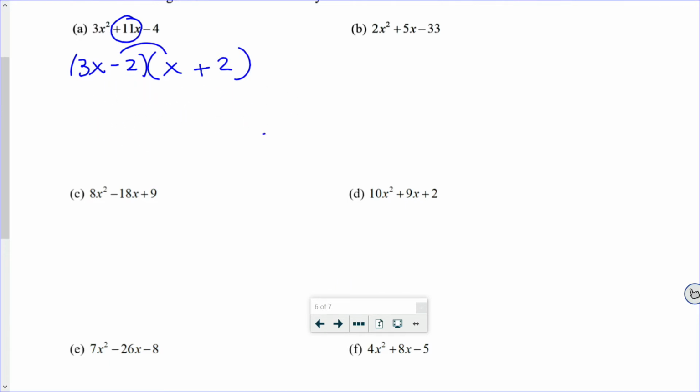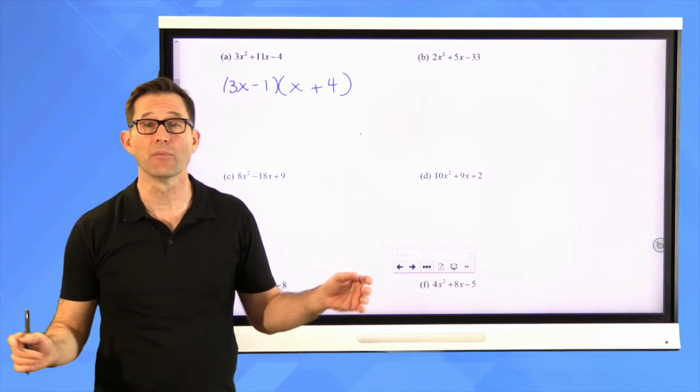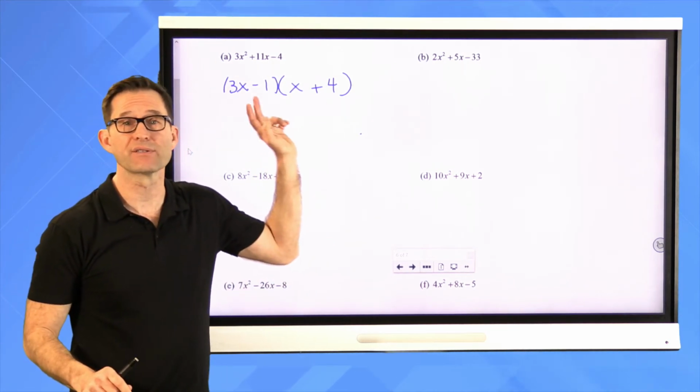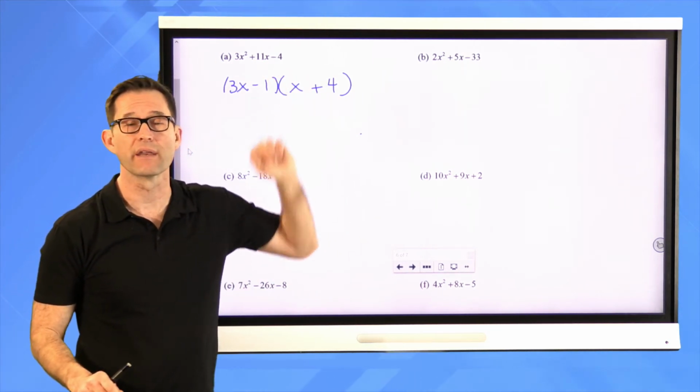Now, of course, it could have been 3x plus 2 and x minus 2. That should have been locked down. But I'm going to try this. I'm going to try minus 1 and a positive 4. All right, again, reasonable. 3x times x is 3x squared. Negative 1 times 4 is negative 4.